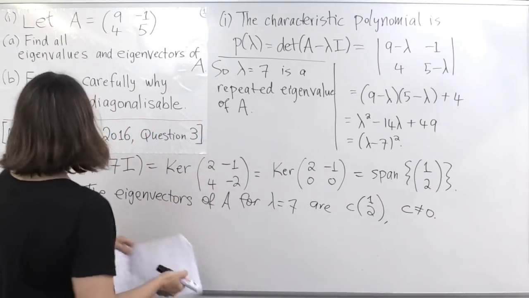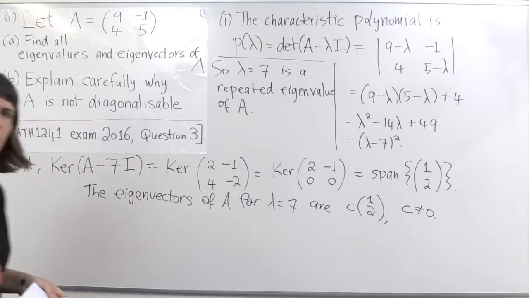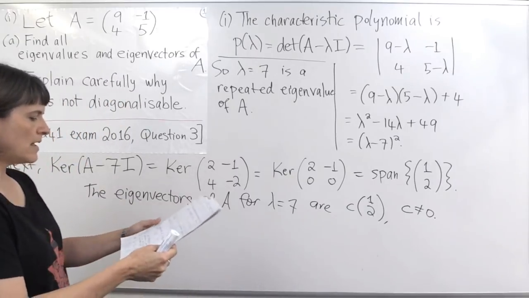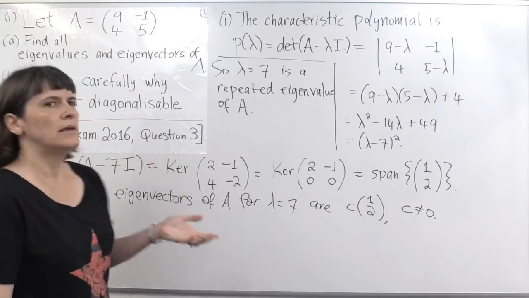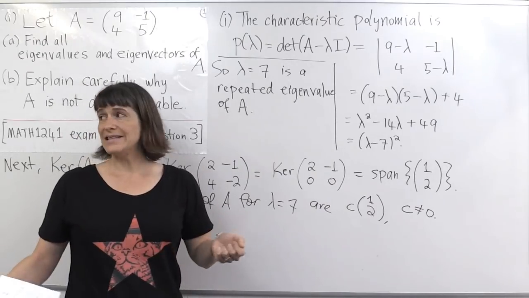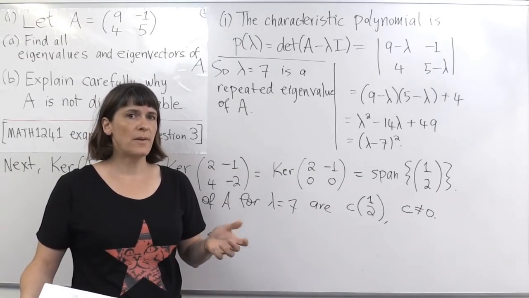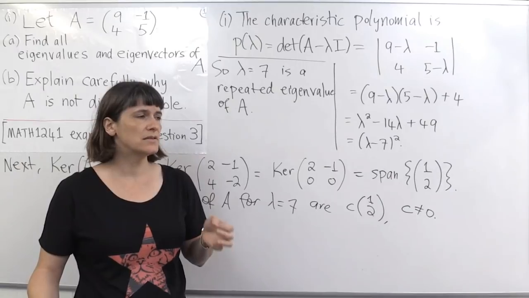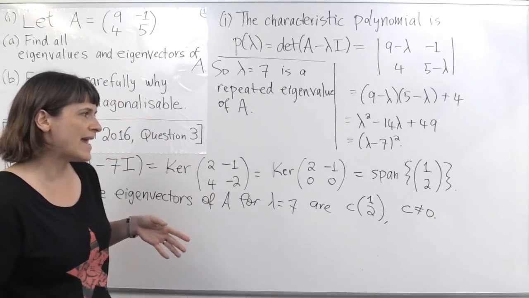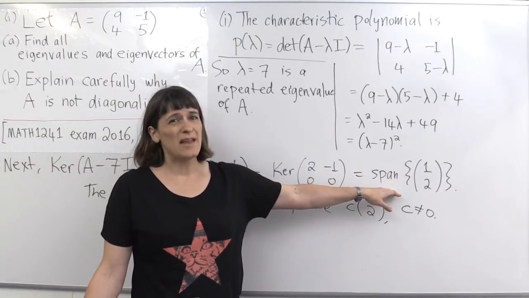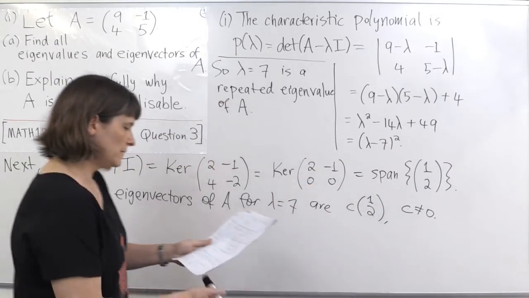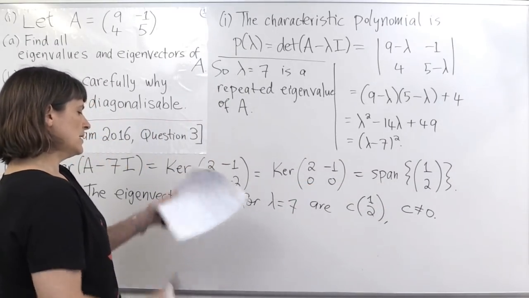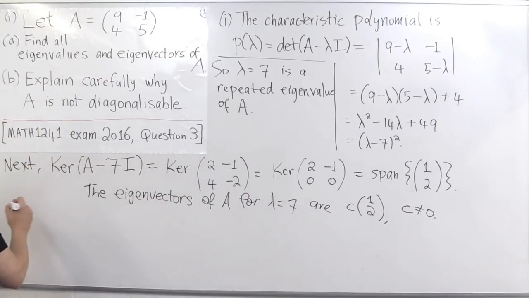Okay, and that answers part A. How much room have I got? Still got some room. The reason why A is not diagonalizable: diagonalizable means you have a basis of R2 in this case consisting of eigenvectors of A. But all the eigenvectors span a one-dimensional space, not 2. So you just don't have enough linearly independent eigenvectors. So let's write something like this.